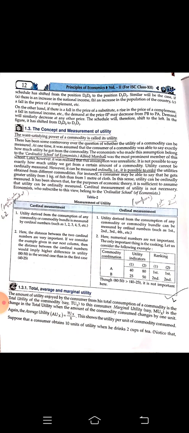If somebody asks you out of 10 what is the utility of the pencil, you can easily say the utility is 2, the utility is 3. So Alfred Marshall is saying it is possible to explain our utility in a numeric way, by using cardinal numbers, we can say what is the utility of that commodity to a consumer.